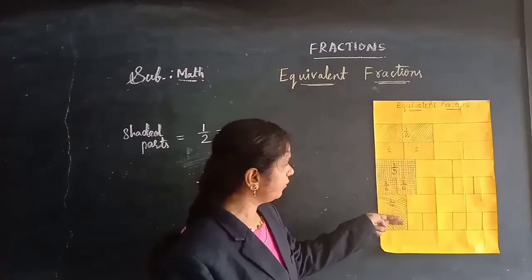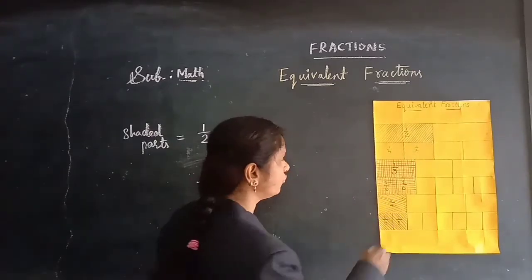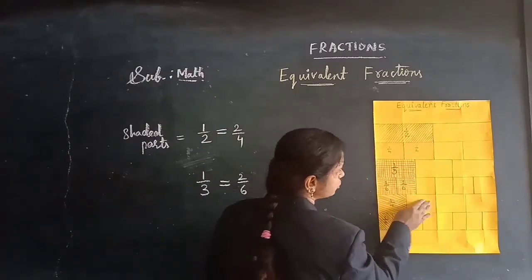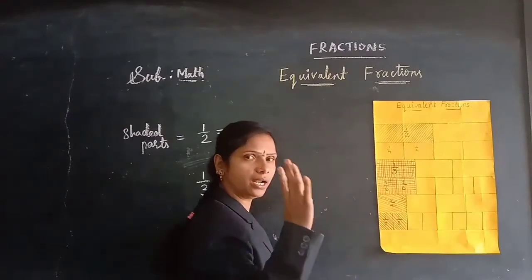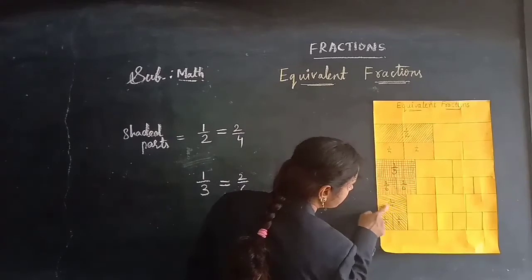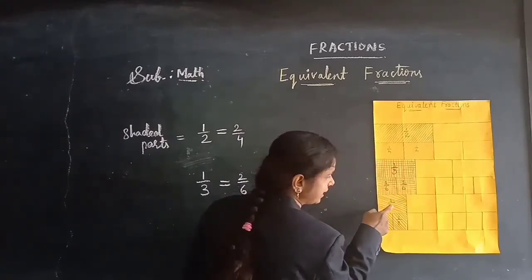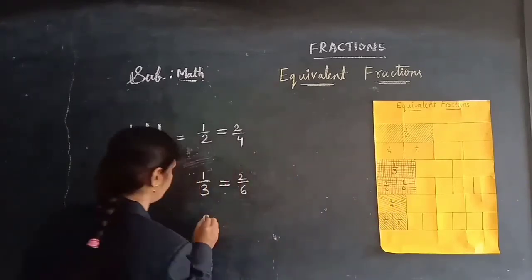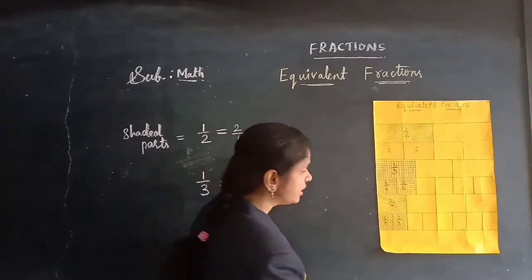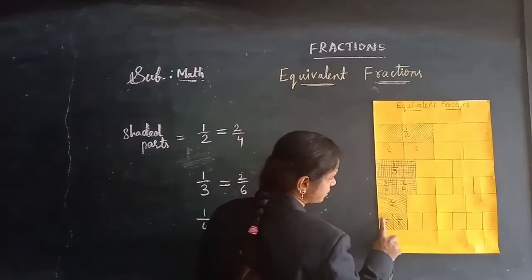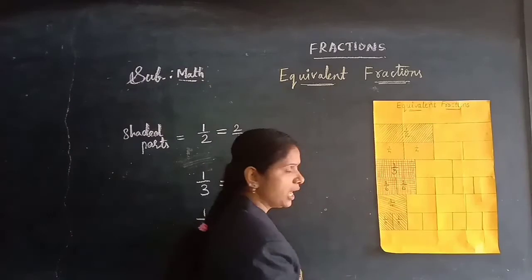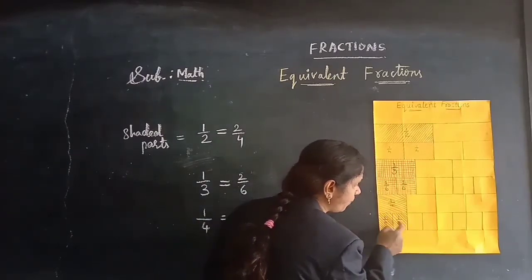Now comparing the fourth row and fifth row. In the fourth row I divided equally into 4 parts, 1 2 3 4. So what is the fraction for the shaded part here? The fraction for the shaded is 1/4. Coming to the last row, I divided this row into 8 parts, 1 2 3 4 5 6 7 8 parts, and I shaded 2 parts.